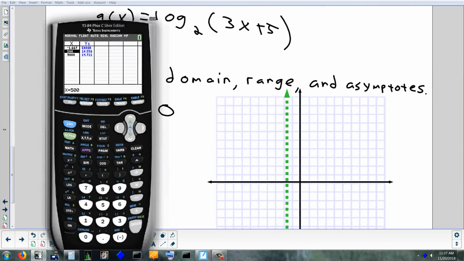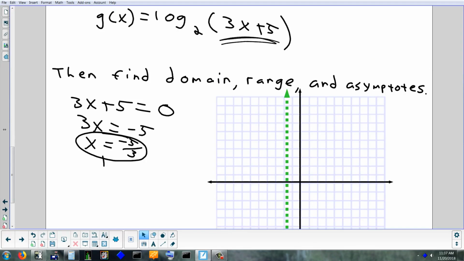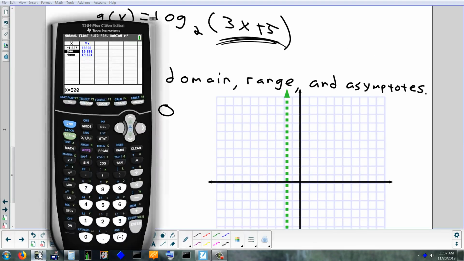Yep, and I do. And now I just have to decide whether I should pick numbers bigger or smaller. What kind of x's do I have to pick to make sure that comes out positive? X's that are bigger or smaller?